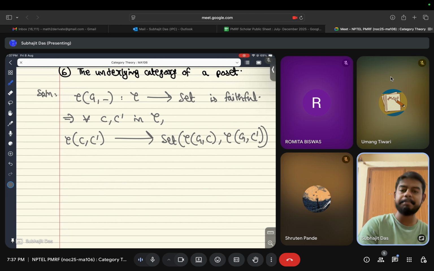This is just the map associated at the level of Hom sets, right? For the ordered pair C, C' of objects in C. Every functor has such maps.